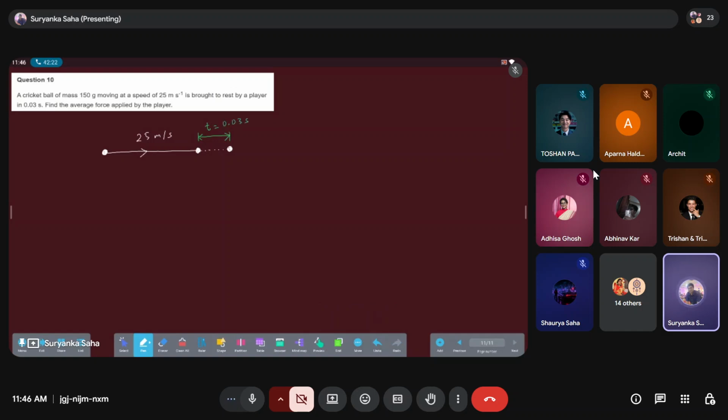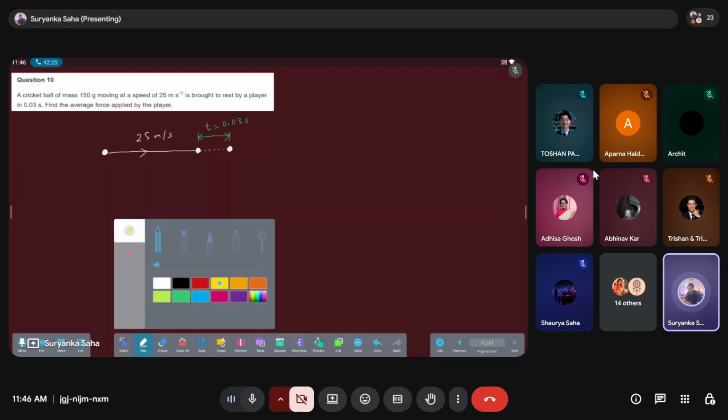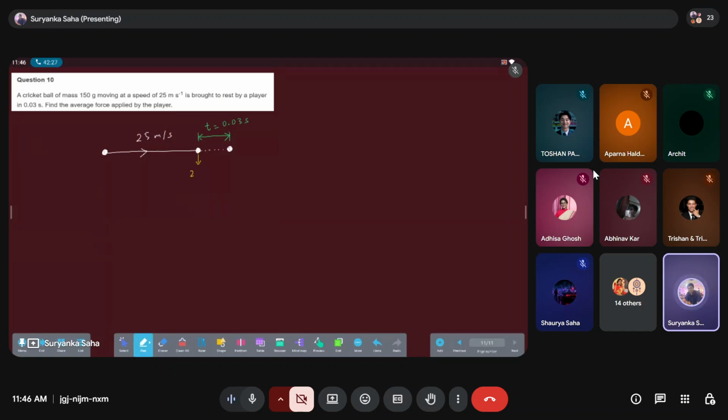So can you tell me what is the value of velocity in this position? It is 25. What is the value of velocity here? Zero. Very good, excellent. I stopped the ball over here.